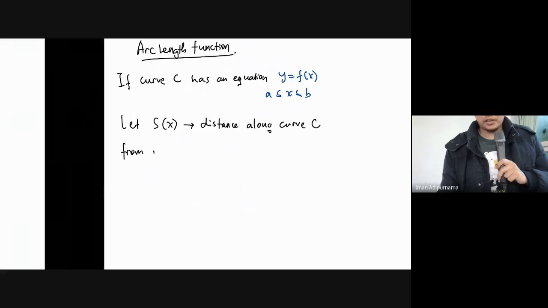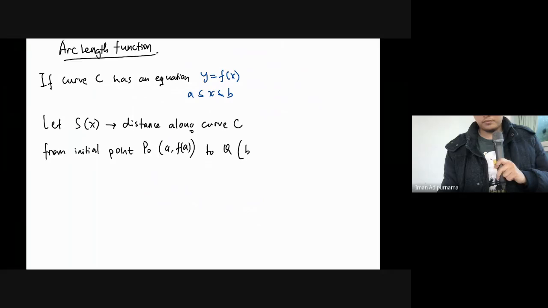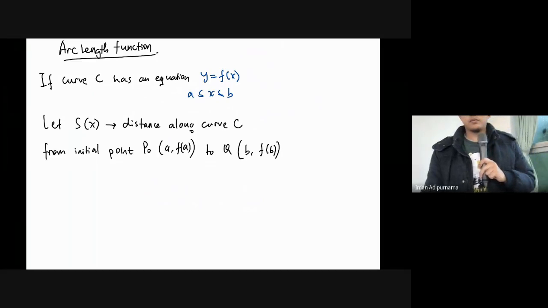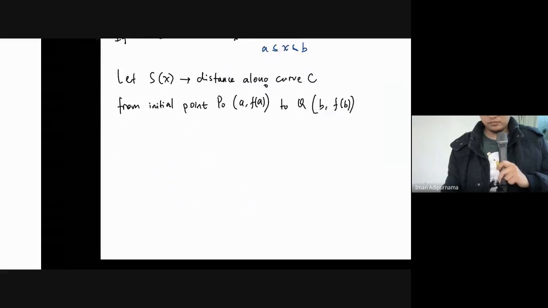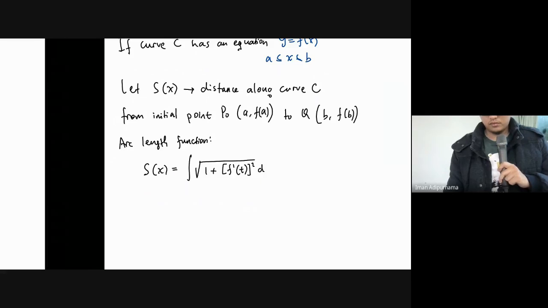from, let's say, the initial point to Q. We can write the arc length function as S of x, from A to x.